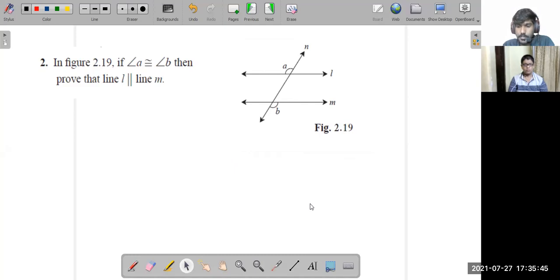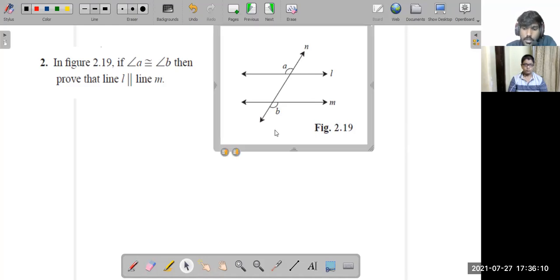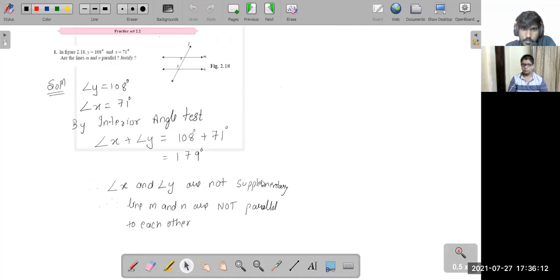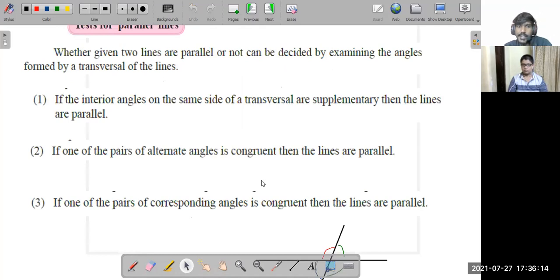One minute, okay. One small change in the alternate angle test.